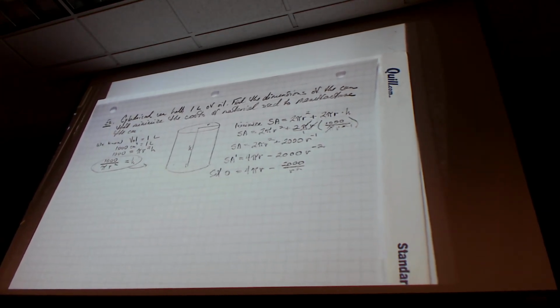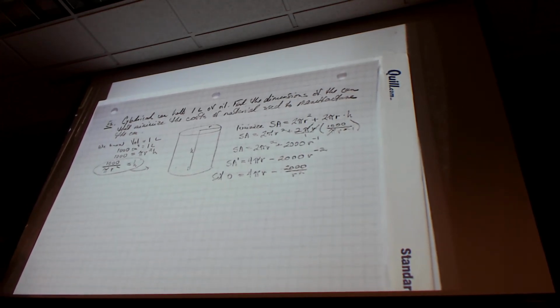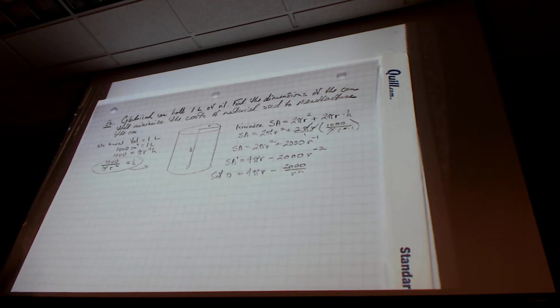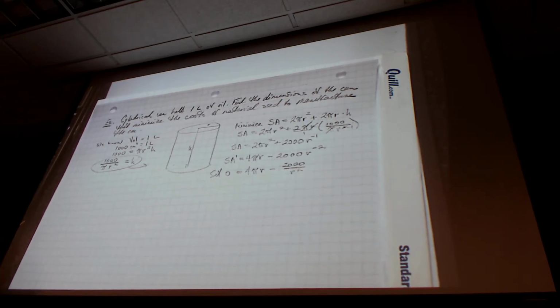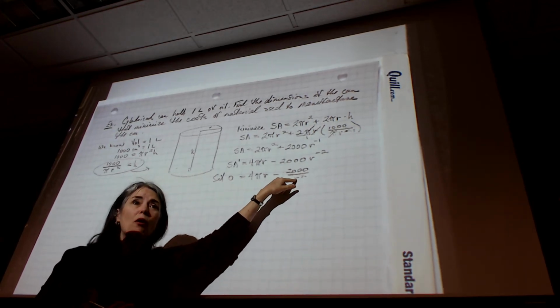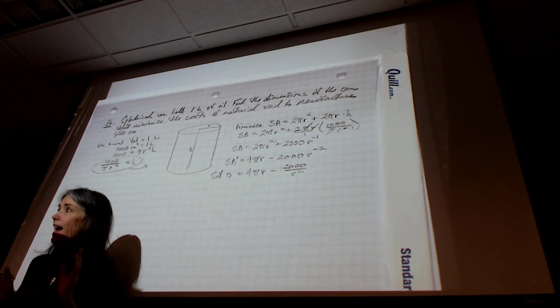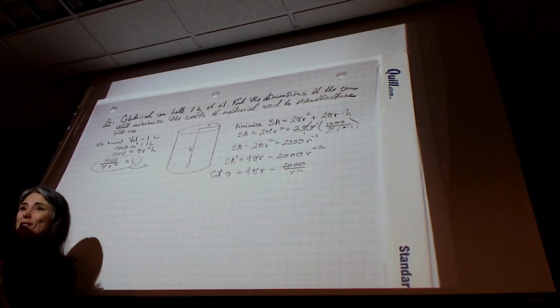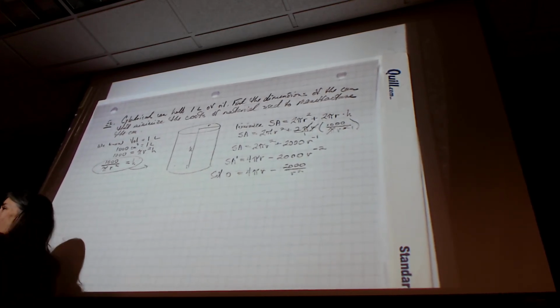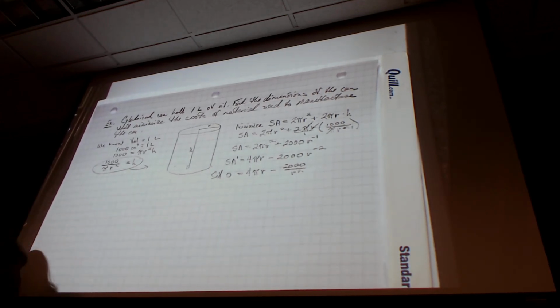Right, and it's because if I have a fraction equal to 0, then I know I can ignore the denominator because it means the top has to be 0. I'm not worried about having an r in the denominator. R can't be 0 or we wouldn't have a can. You know, in these problems, that's what's nice, is at least you get to do practical stuff. You don't have to worry about things like if r is 0. That's ridiculous.